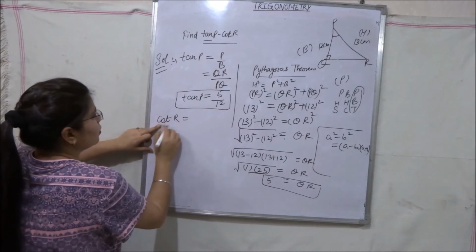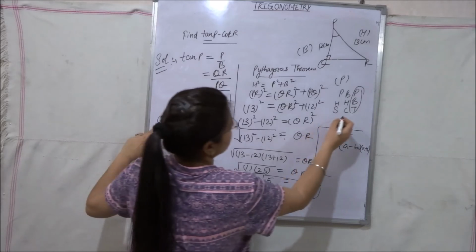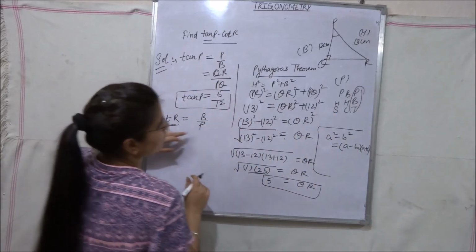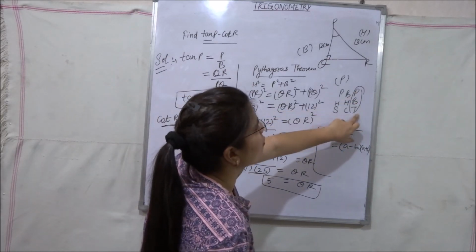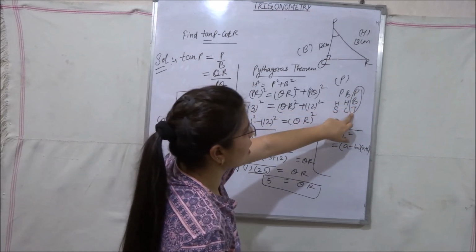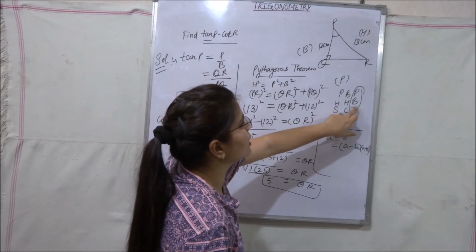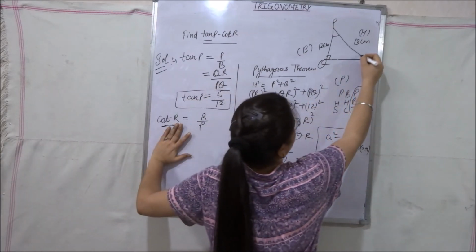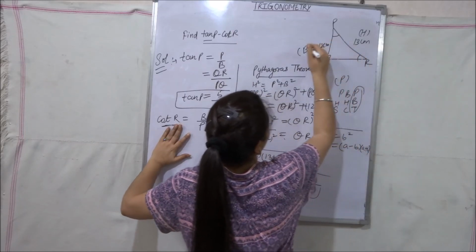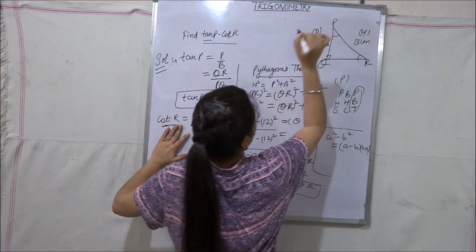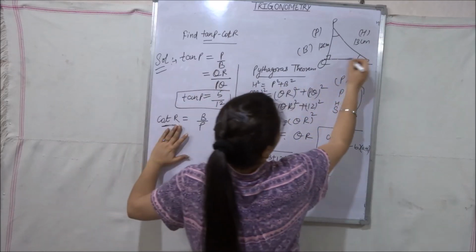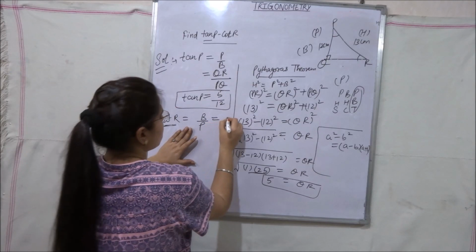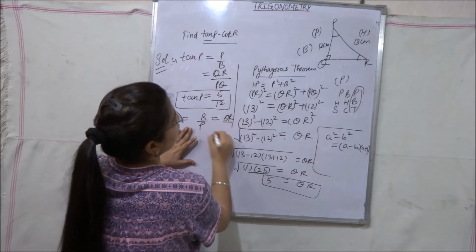So cot R will be B upon P. Reciprocal of tan theta is cot theta, as tan theta is P upon B, so cot theta will be B upon P. Now we are taking with respect to R. So this is our perpendicular and this is hypotenuse and this is our base. So our base is QR and perpendicular is PQ.